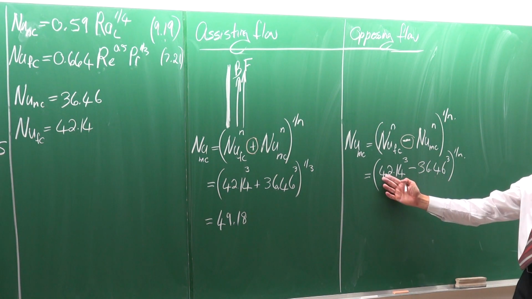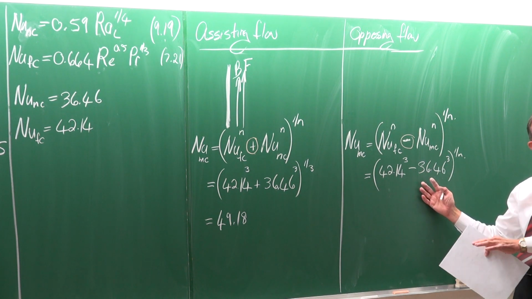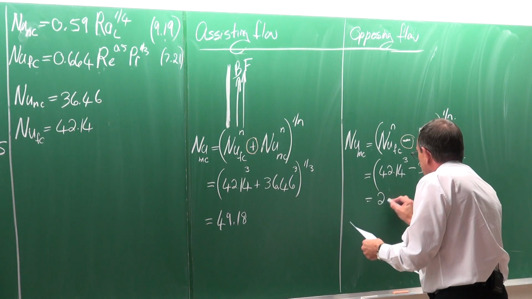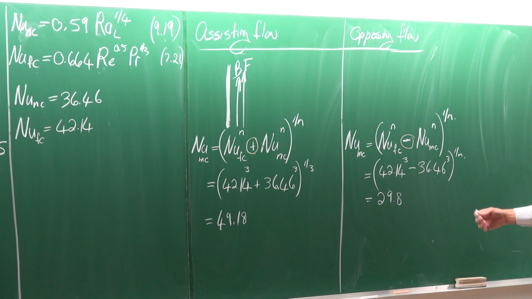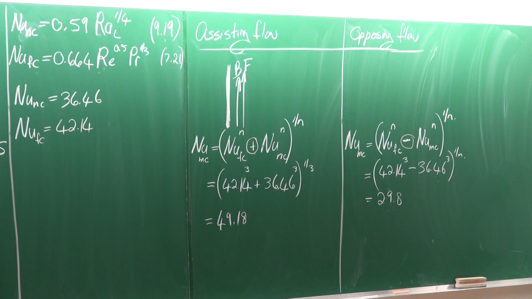For example, let's suppose this one was 36 and that one was 42. Then you end up with a negative. Just flip them, it doesn't matter. So always take the biggest one minus the smallest one. So that one is then equal to a Nusselt number of 29.8. You see the difference? This one about 50, that one about 30, because of the opposing flow direction.